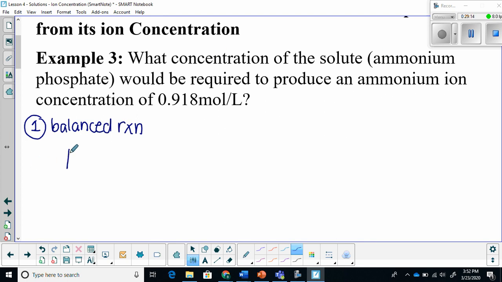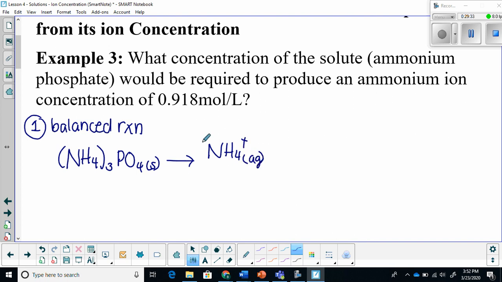So, that is going to be (NH4)3PO4, where phosphate has a 3- charge. And then this is going to dissociate into 3 NH4 plus aqueous, plus 1 phosphate, aqueous, 3 minus.